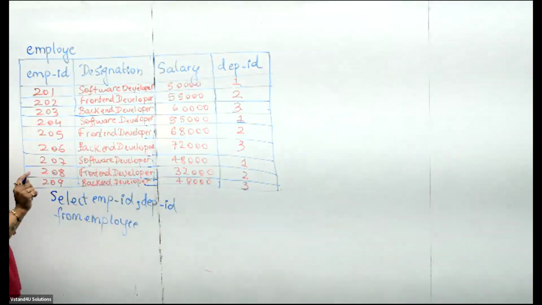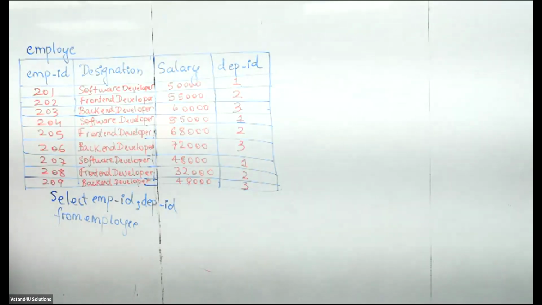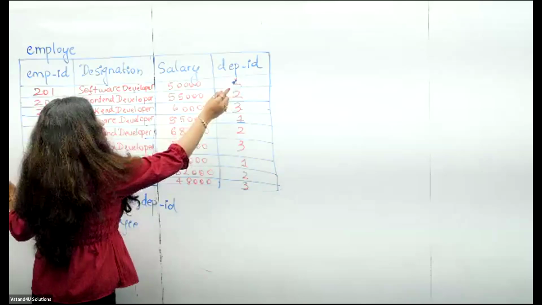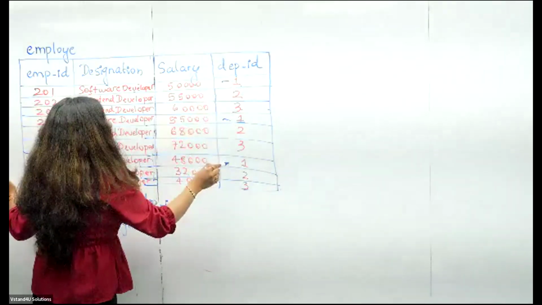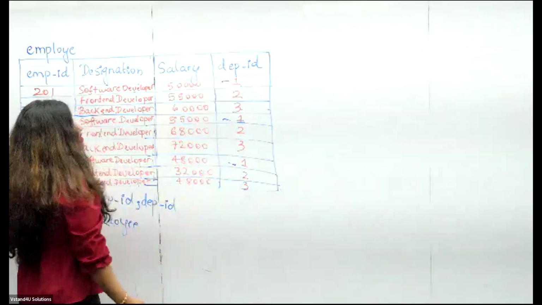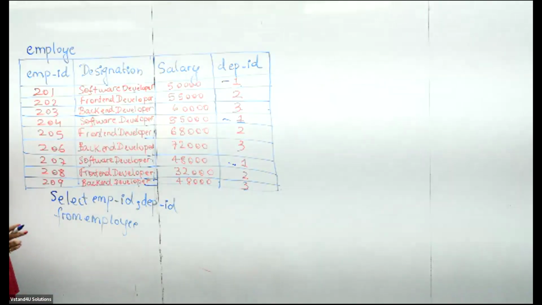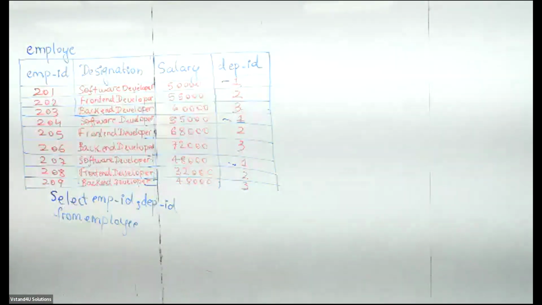Can you tell me how many departments are there here? 3 departments, department number 1, 2, and 3. If you take department ID 1, you have 1, 2, 3. In these 3, which is the highest salary? 55,000. Yes or no?